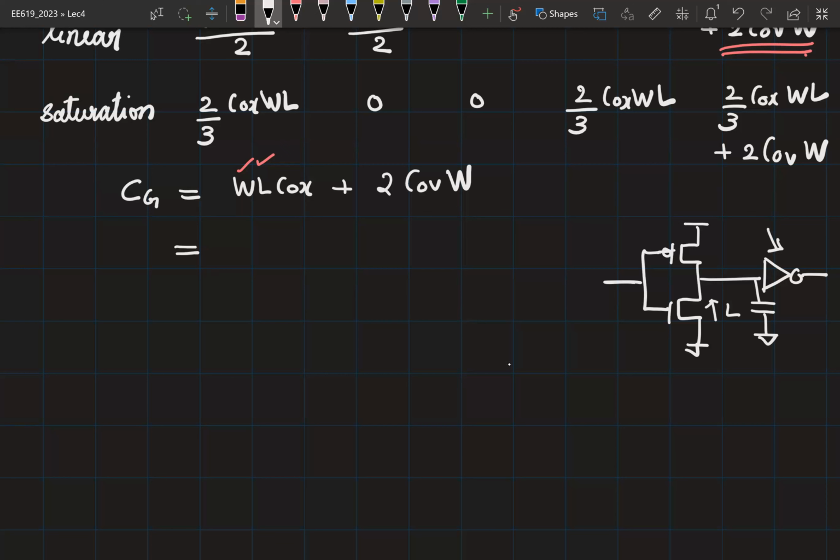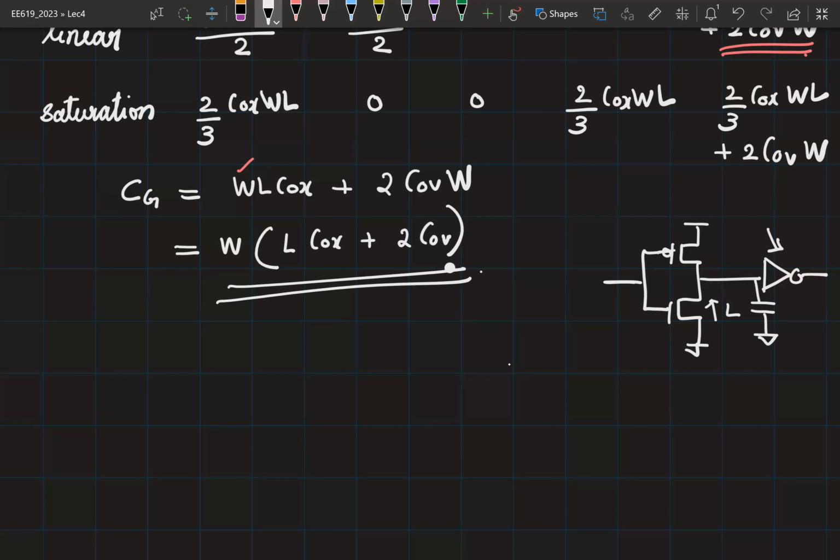Therefore, in digital designs, L is also not the design parameter for you. So I'll bring out W, and you'll see that this becomes L into COX plus twice COV. The key takeaway here is that if I increase my W, the gate capacitance is going to scale linearly. This is the key takeaway from all of this discussion.